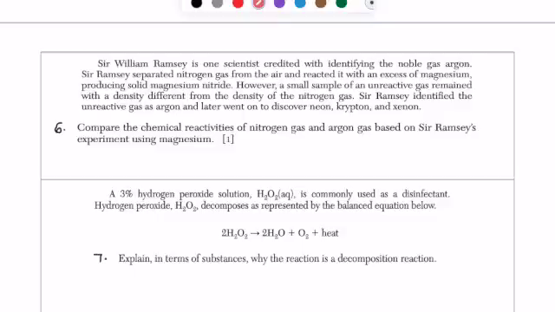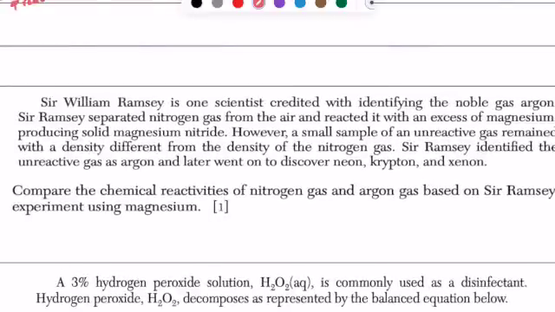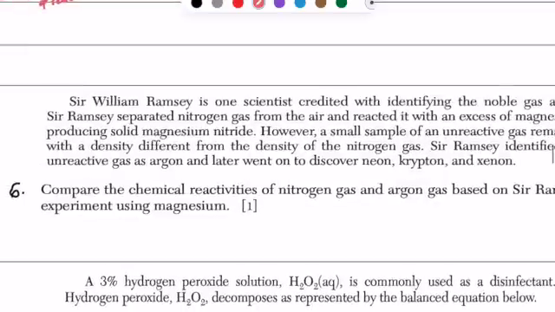So compare the chemical reactivities of nitrogen and argon based on Sarom's experiment. This is an example of a question where you have to read the text that comes before. What we are looking at in this experiment is that they separated nitrogen gas from the air and reacted it with an excess of magnesium, producing solid magnesium nitride.